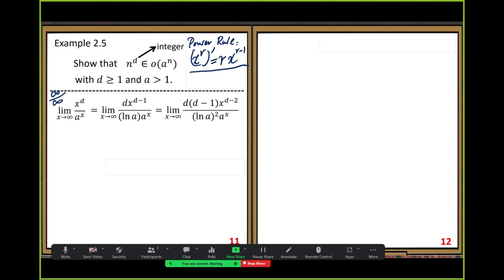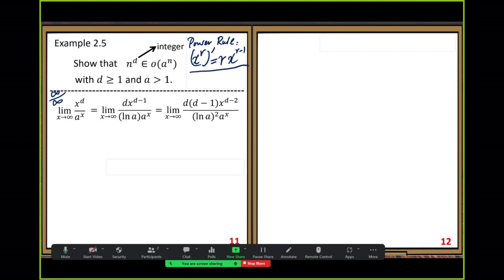If the power function x to the d minus 2 has a positive exponent, it's another infinity over infinity indeterminate form. So we should keep applying L'Hopital's rule again and again until at some point we stop. Otherwise, we keep applying L'Hopital's rule.